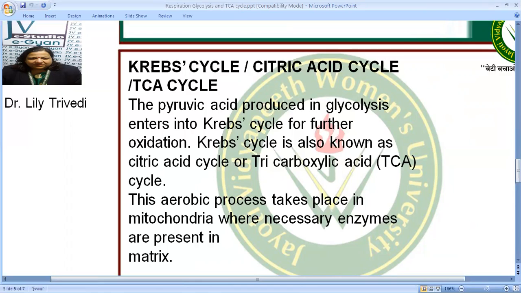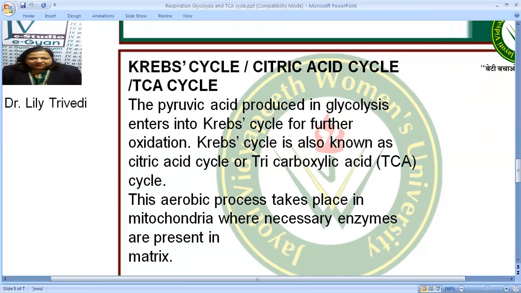Now after this we come to the Krebs cycle. Now what is the Krebs cycle? It is the cycle which takes place after pyruvic acid is formed.